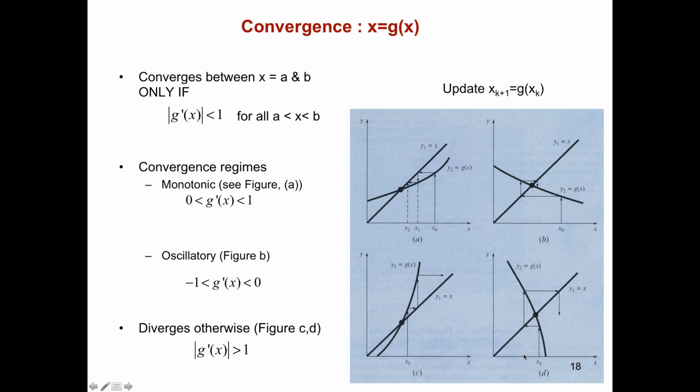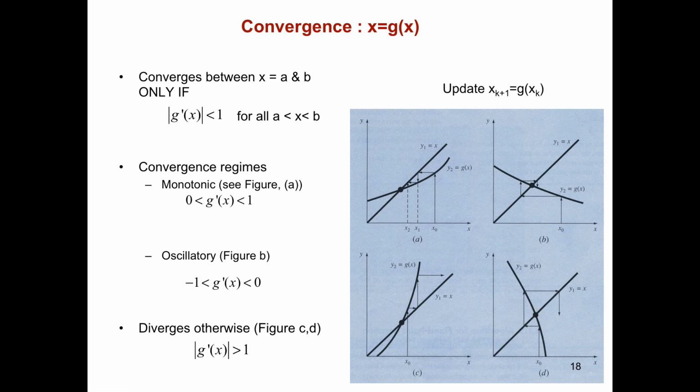So this is my x1. For this x1, I find g of x1, that's my x2. I again go to y is equal to x and find the intersection, so this is my x2. I will spiral outward, getting away from this intersection, not getting closer to it.